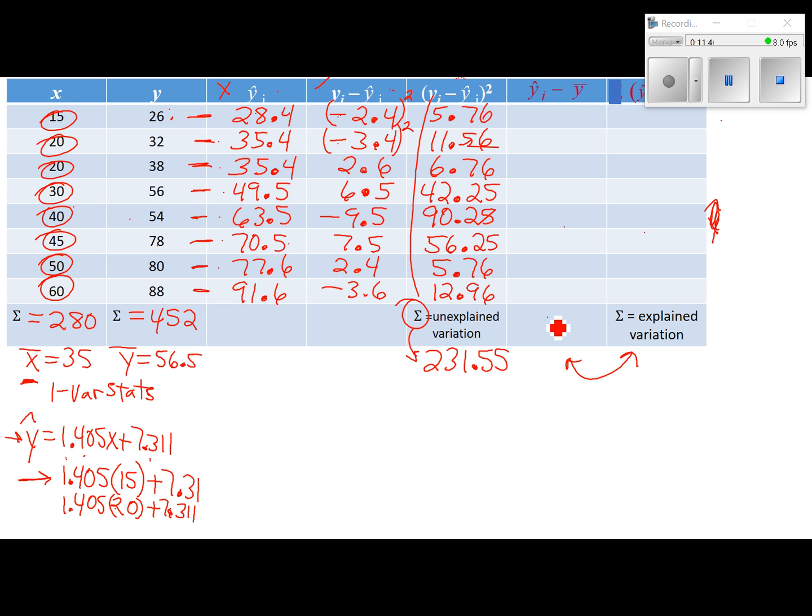Now before I do these last two columns, I'm going to go on, and I know I have 231.55. I'm going to go ahead and find our SE. Remember the formula that we're using for SE looks something like this.